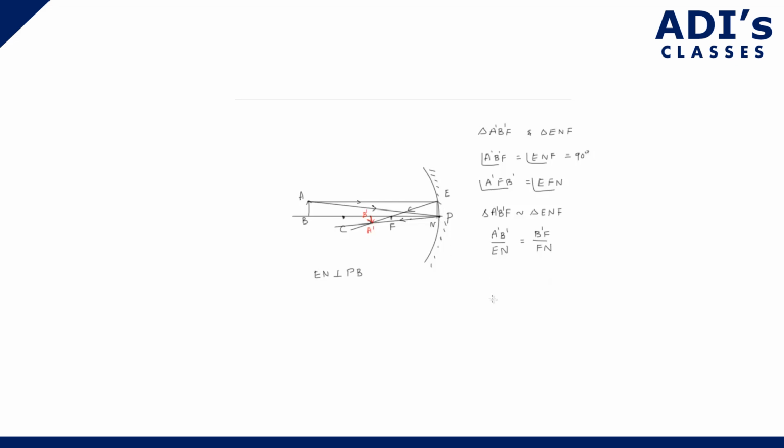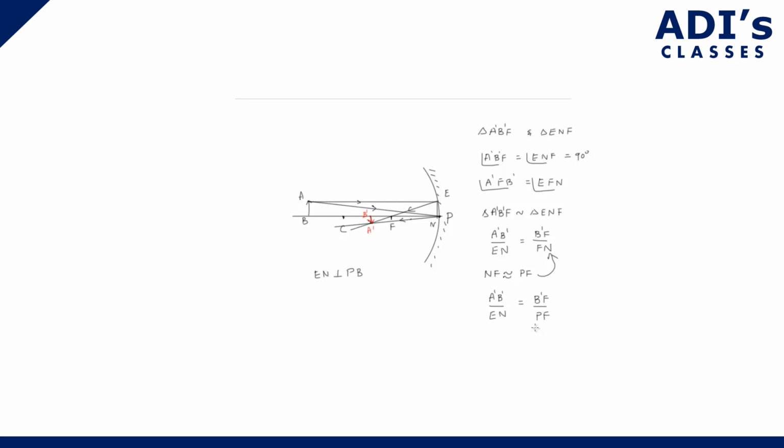So we can write NF is almost the same as PF. Now what will happen to the above equation? So we have A'B' divided by EN is equal to B'F divided by PF.